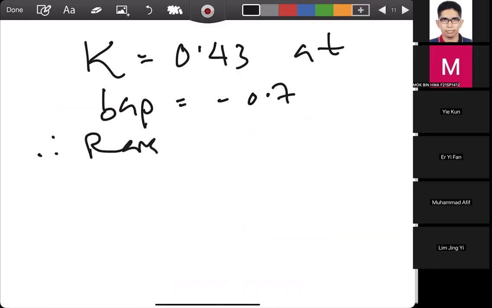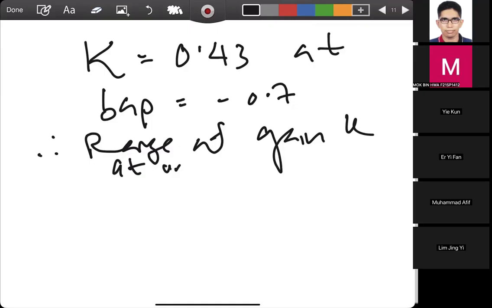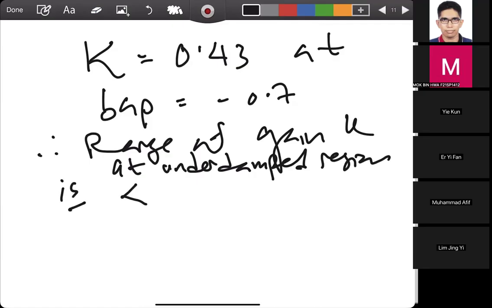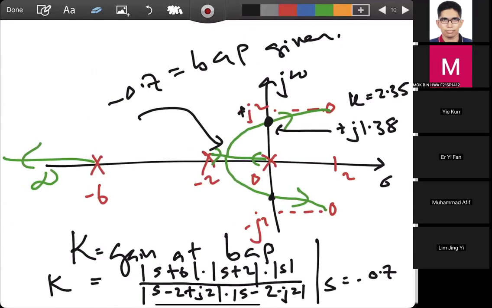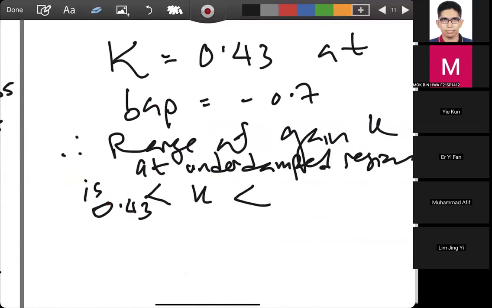Therefore, the range of gain K at the damped region is 0.43 to 1.38.